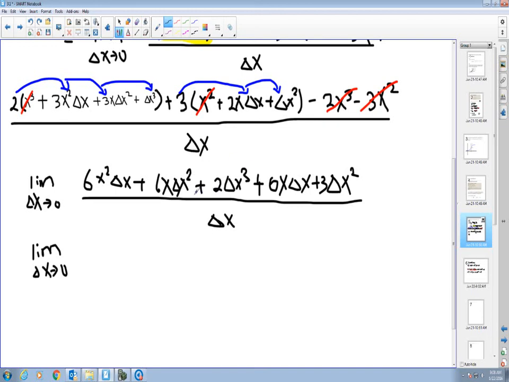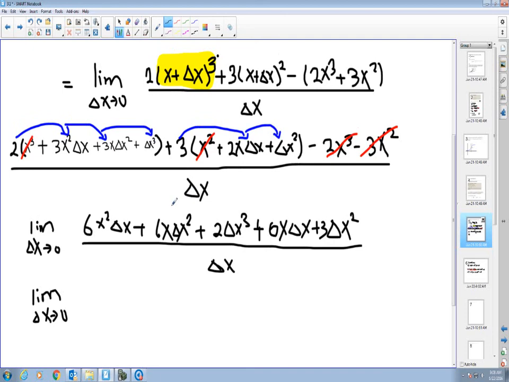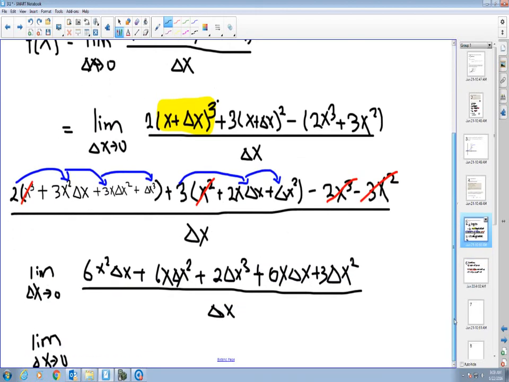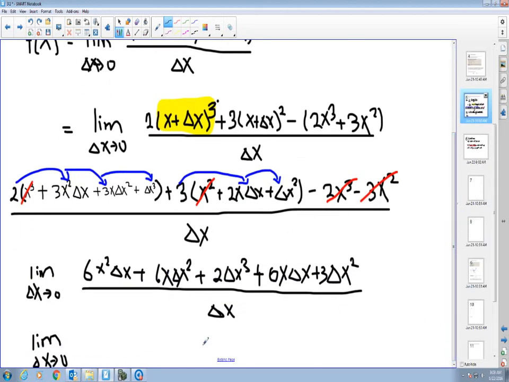Don't want to make a mistake here. Let me go back and check over here. Delta x to the third. Yep, that's correct. Make sure I canceled out everybody, right? 2x to the third.